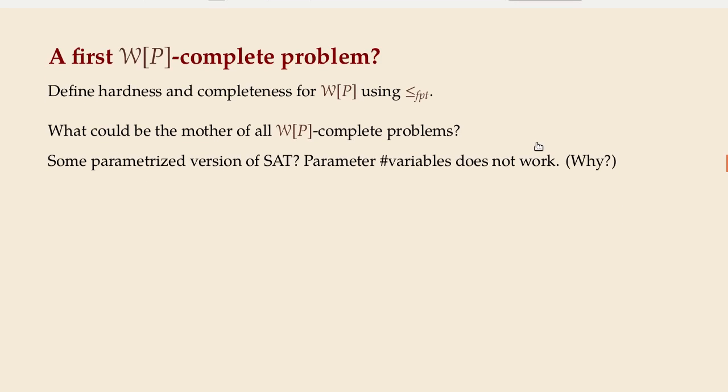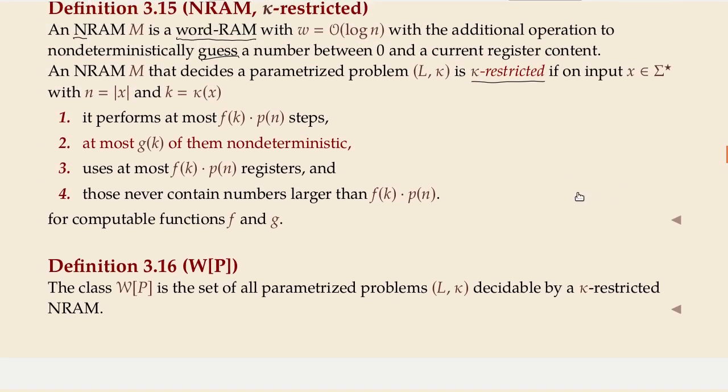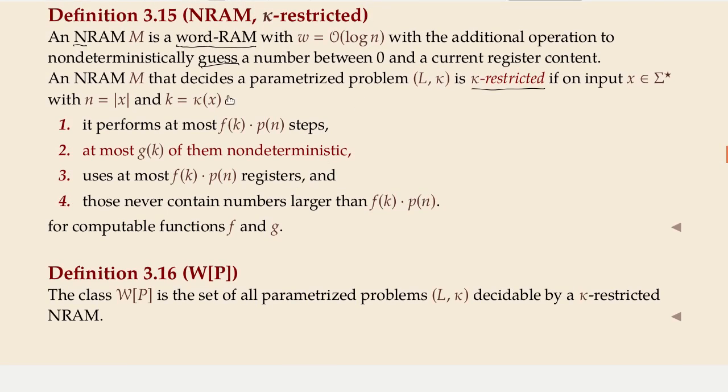Now, first, we can use the same kind of reductions that we used before, namely these FPT reductions, to define hardness and completeness for this new class. One should prove that the class is closed under FPT reductions, but that's relatively easy because they essentially are of this kind, only that they don't use nondeterminism at all, if you recall that.